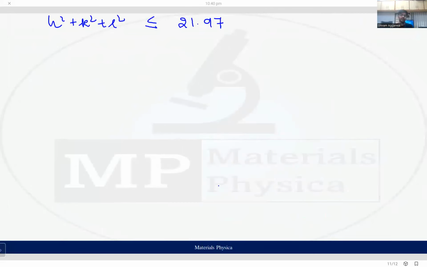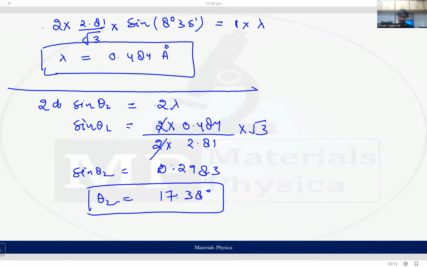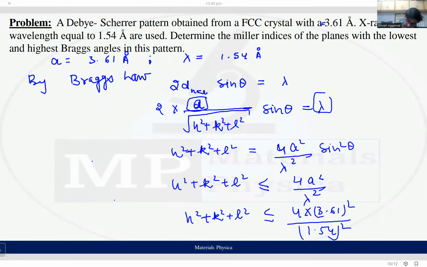So here we have to check at which combinations h square plus k square plus l square is smaller than or equal to 21.97. But in this question, there is a fact: this is an FCC crystal.